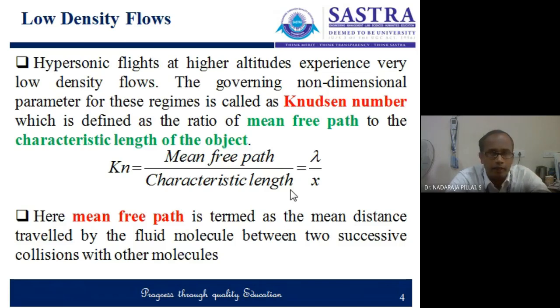Here, we consider the length of the hypersonic vehicle as the characteristic length for calculating the Knudsen number. So the Knudsen number becomes an important parameter in this flow regime, defined as mean free path to characteristic length.